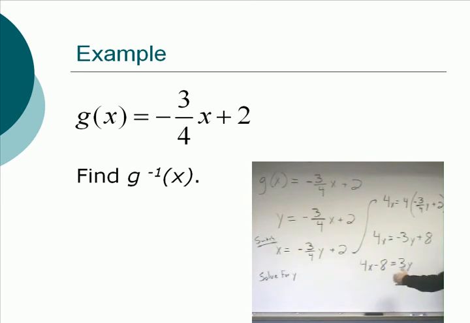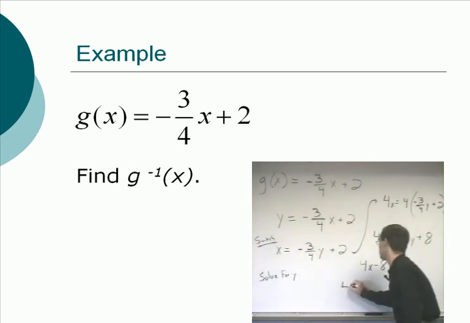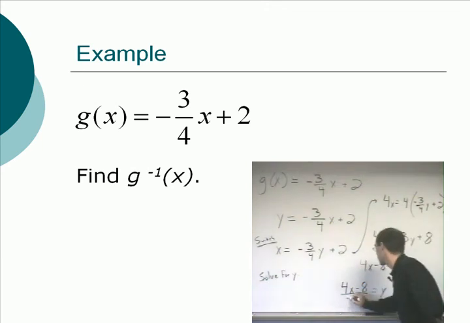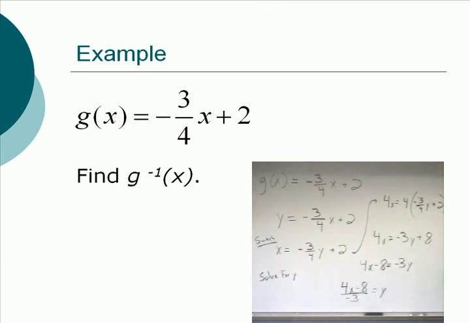And then we can conclude that y is equal to 4x minus 8 over 3. Oh, thanks. I lost a negative sign there, didn't I? Good. Negative 3y, so then we're going to divide everything by negative 3. And then we can make a conclusion here.